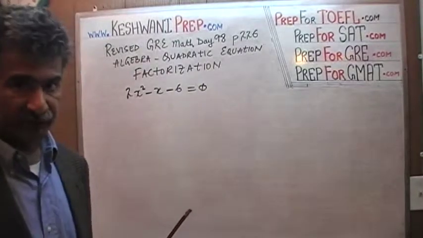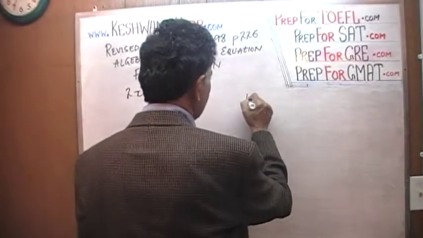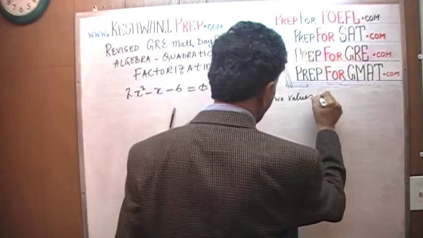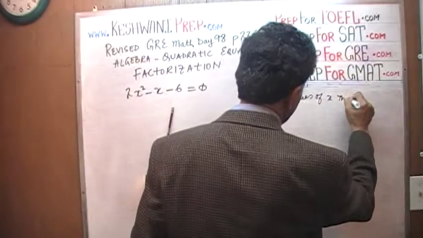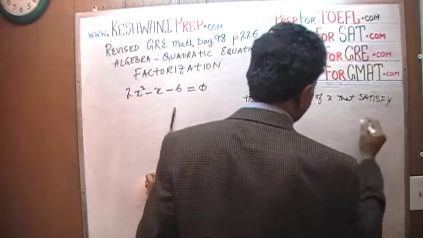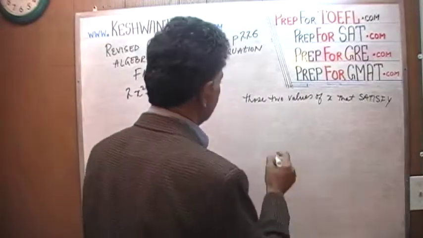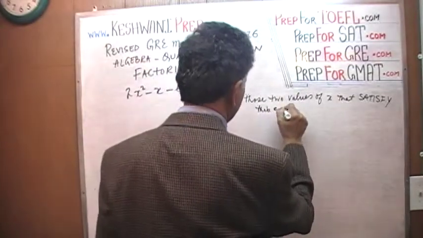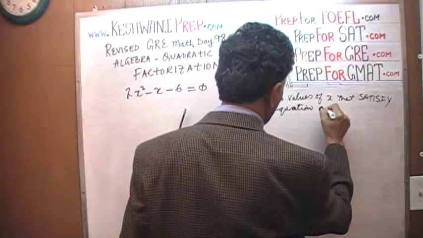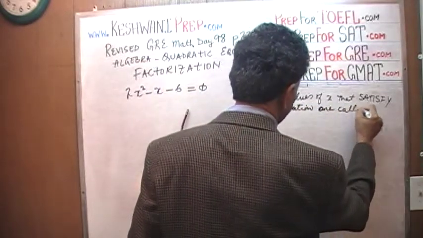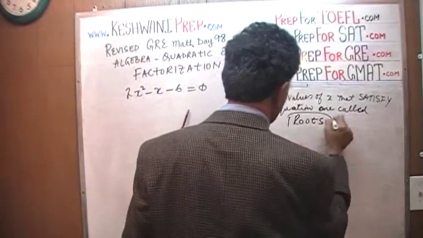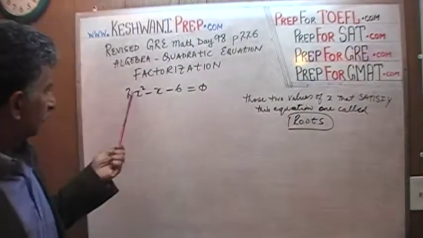Those two values of x are called roots. There are two roots because it's a quadratic equation.